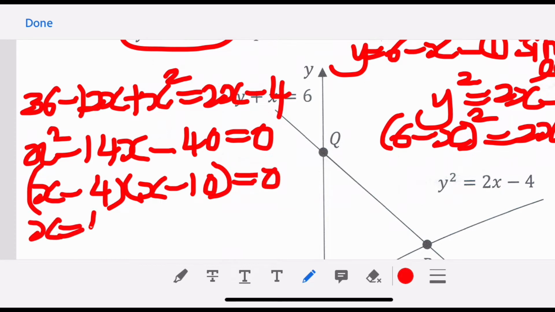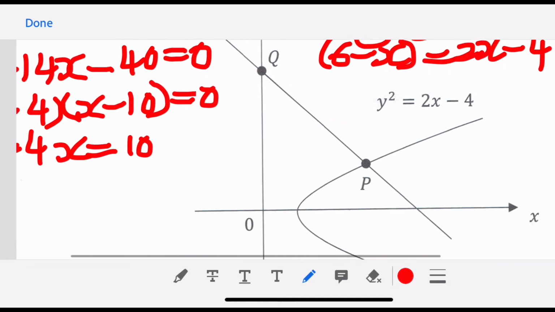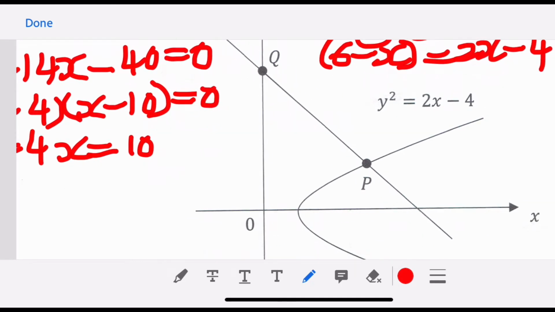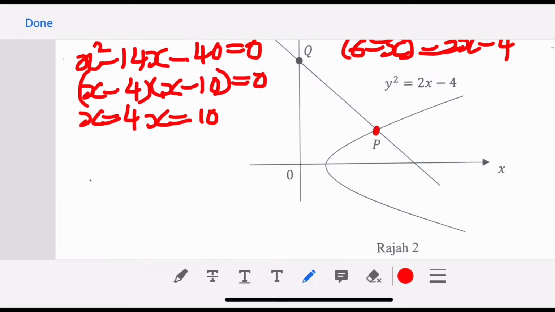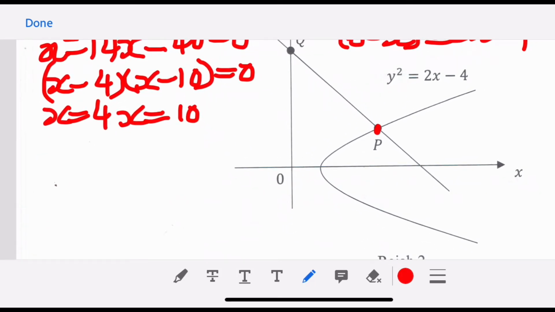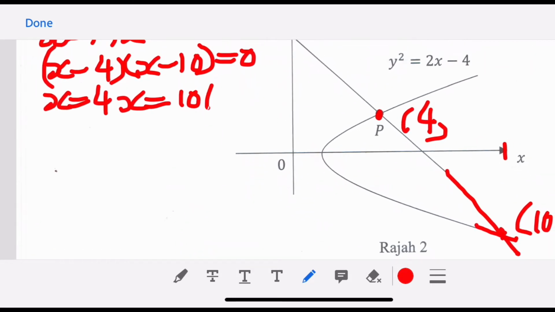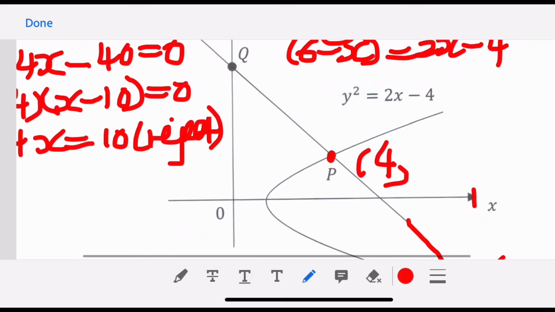So x is equal to 4, or x is equal to 10. In this case, we will choose the logical point for P, which should be x equal to 4. Actually, there is another point whereby x is 10, right? We will reject this point because it's not the point that we are looking for.